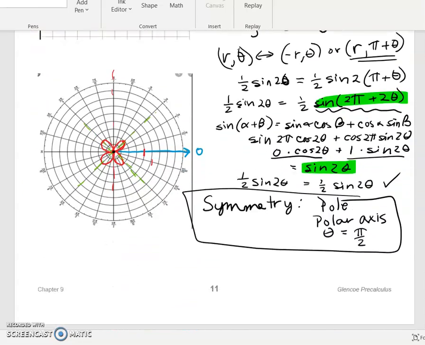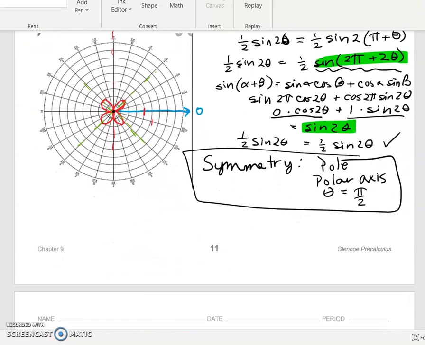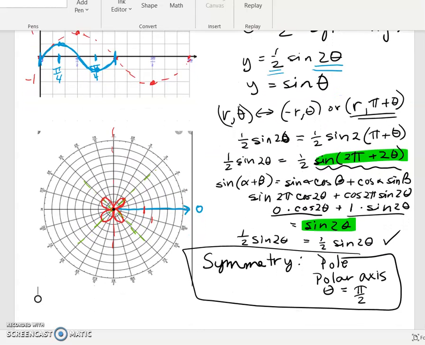It also wanted to know what are the zeros. Well, the zeros are the same that we had over here.